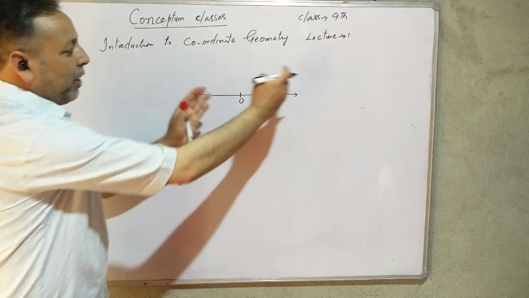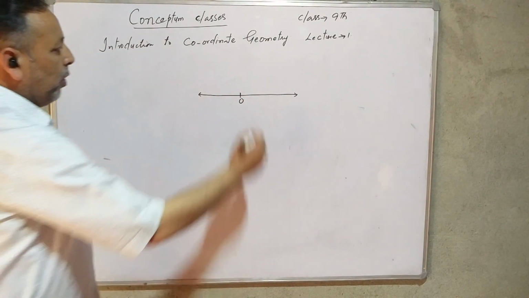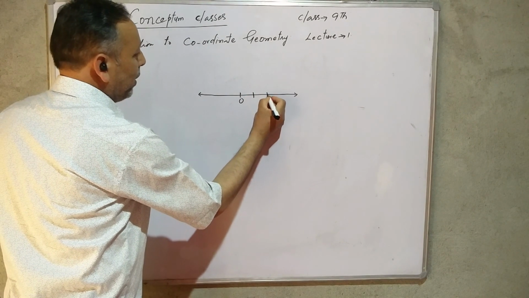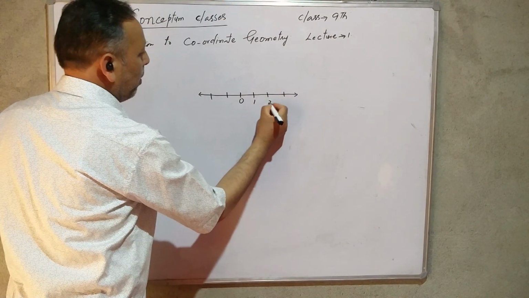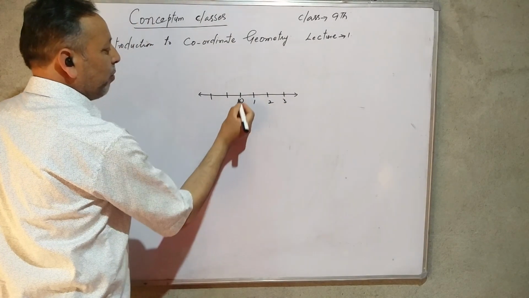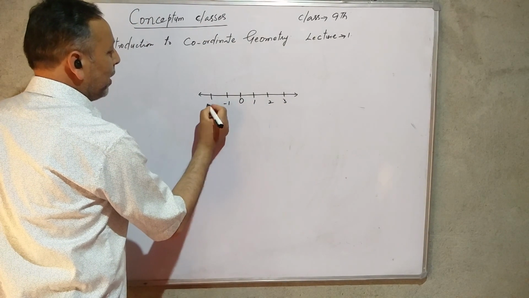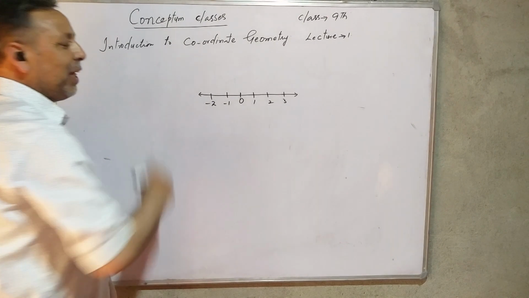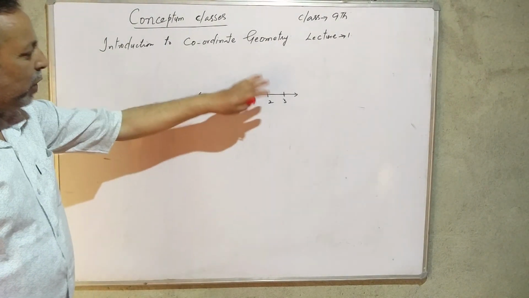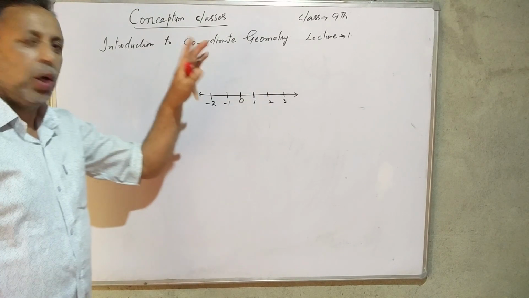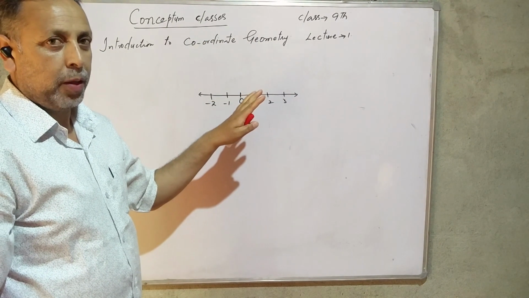Then on the right side of this fixed point, we take positive values at equal intervals. And on the left side of this fixed value, we take negative numbers at equal intervals. And then we can describe any point on this number line. Clear?